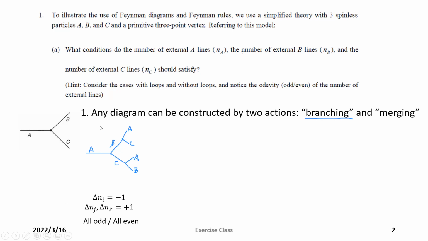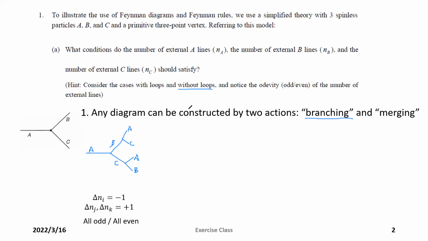So is it clear here? But up to now, we only considered the diagrams without loops, right? Because I just added more external lines.